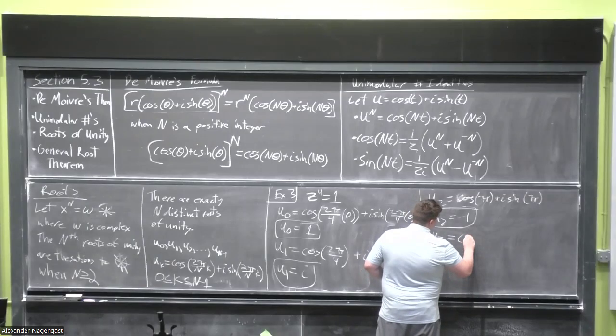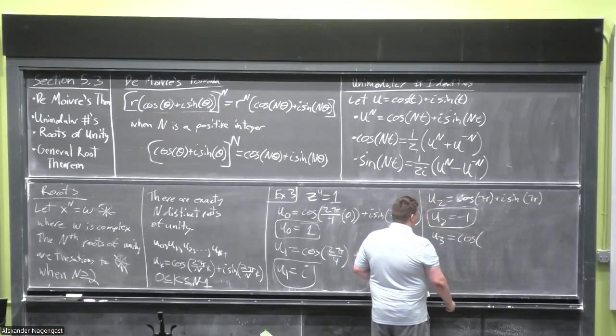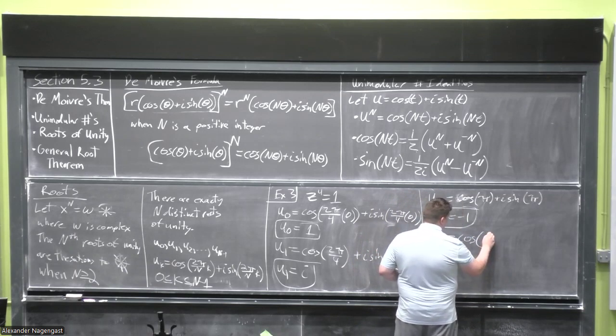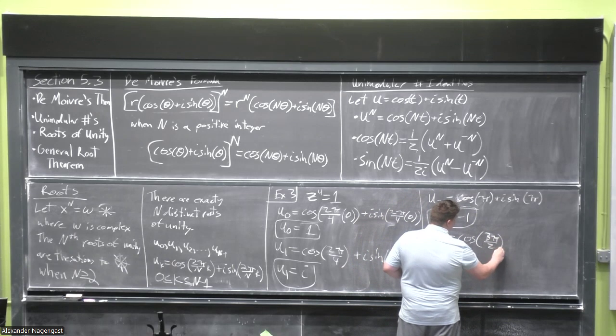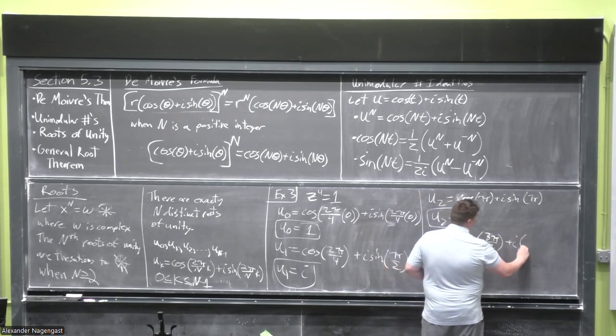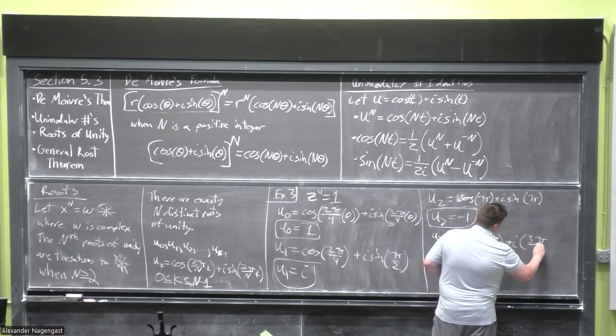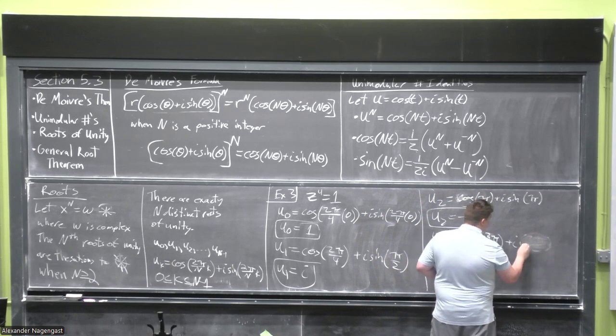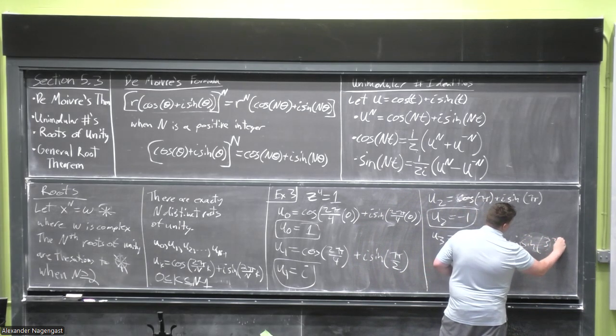We'll have cosine of, now we have 2 pi over 4 times 3. So that will be 6 pi over 4, which is 3 pi over 2, plus I times the sine of 3 pi over 2.